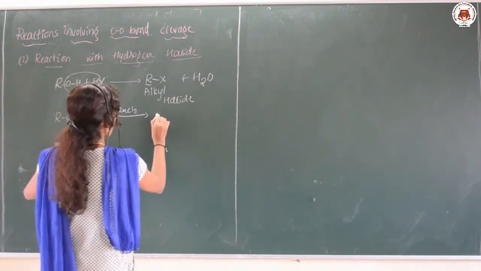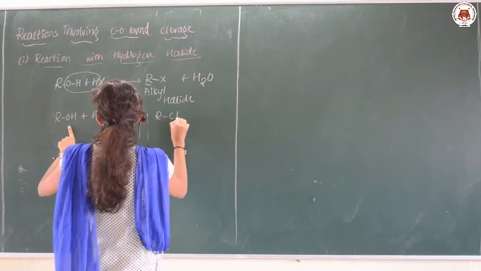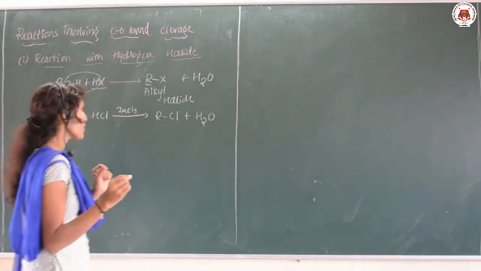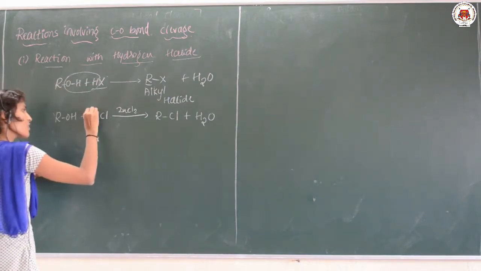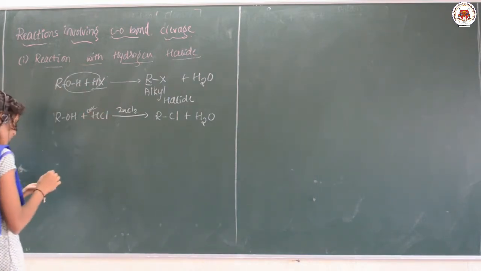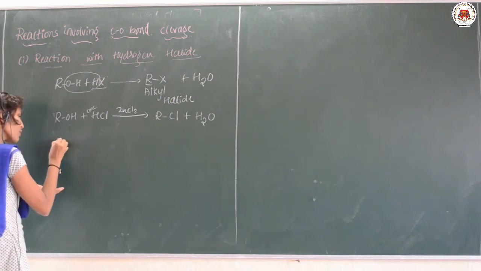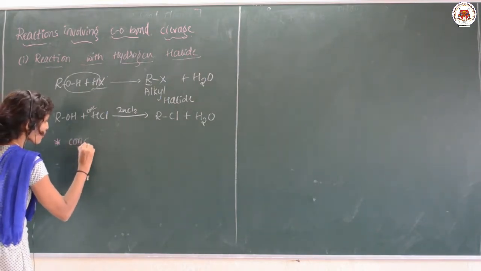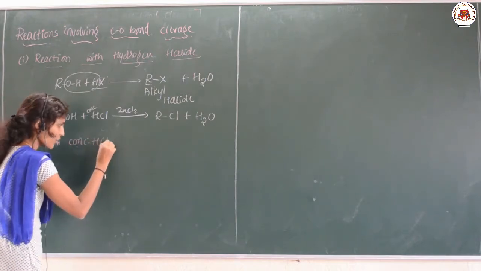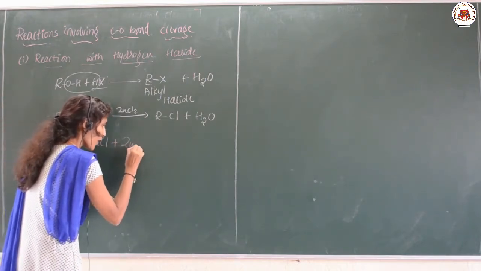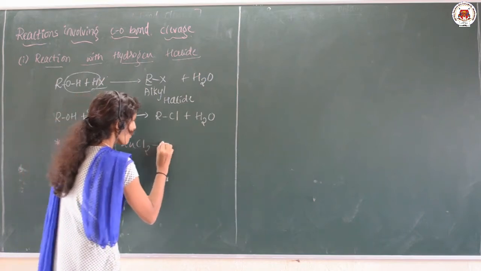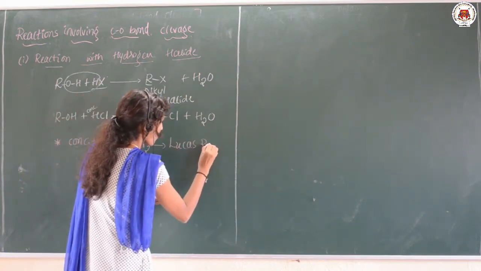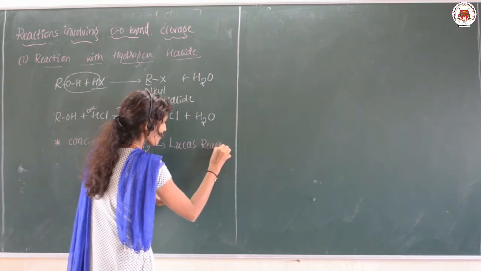There is a formation of RCl plus H2O. One of the important bits of this concept is that the combination of concentrated HCl with zinc chloride is called Lucas reagent.